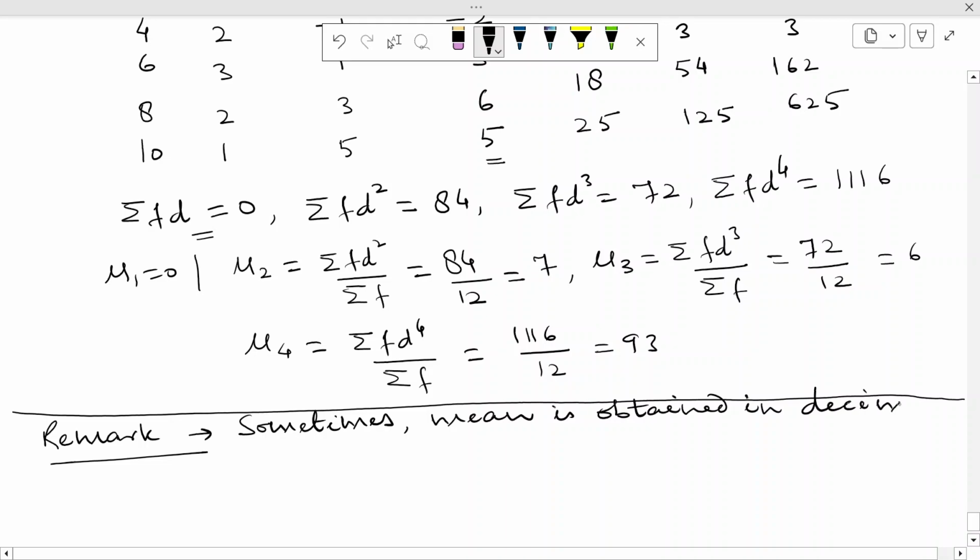Okay, it is possible that you may have your mean in terms of decimals.